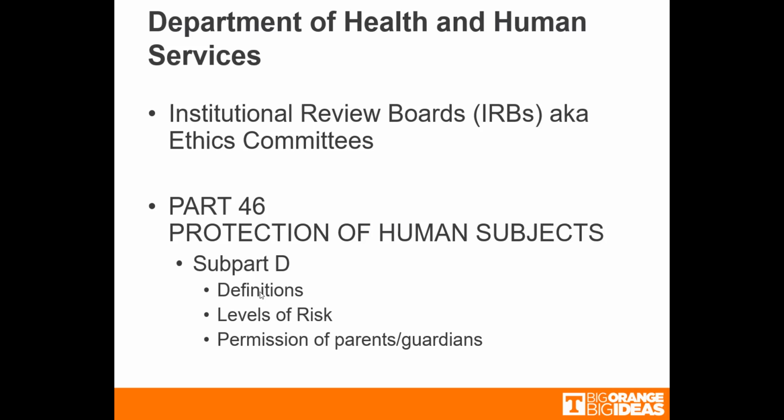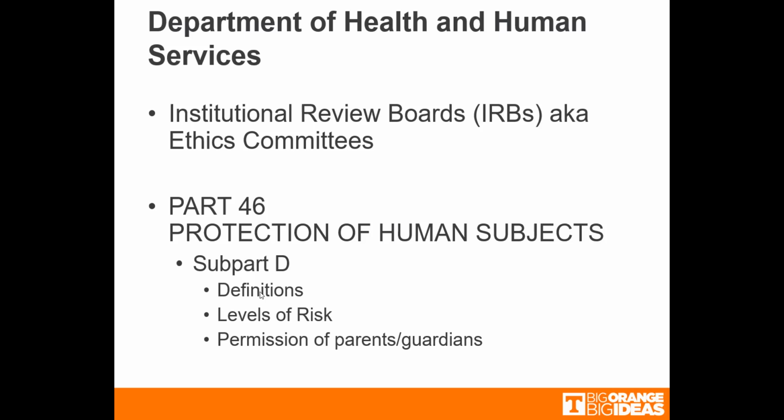Level of risk: make sure there's a really good balance of risks versus benefits. If there's a higher risk, there should be more benefit. An example would be a clinical intervention or a trial. You've heard of drug trials, medical intervention trials.